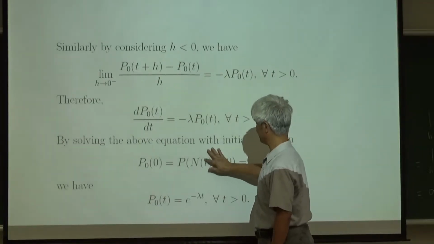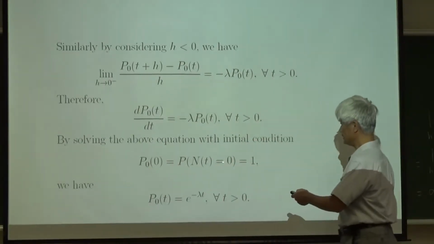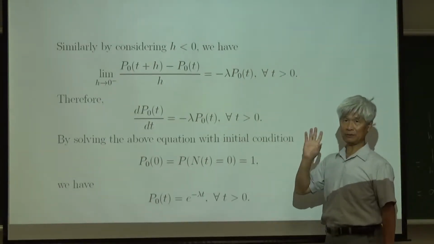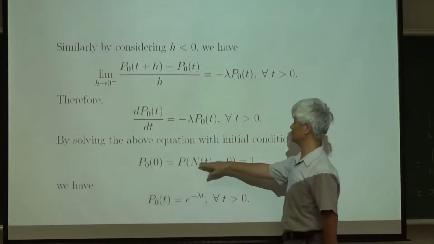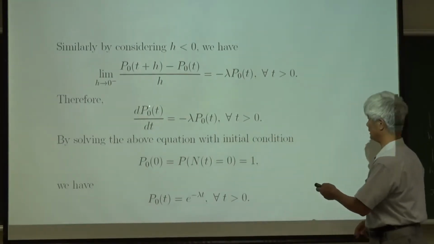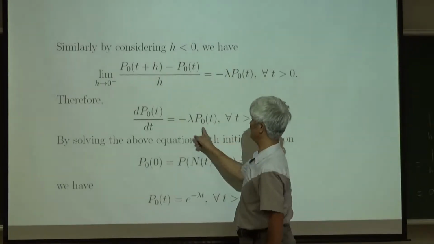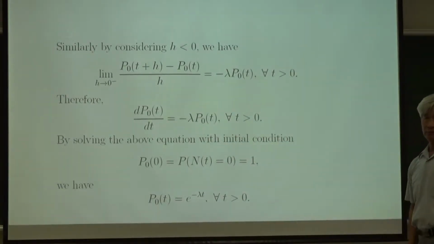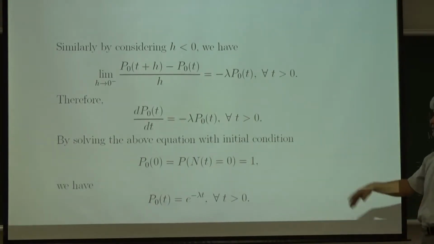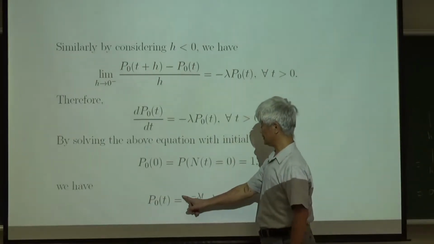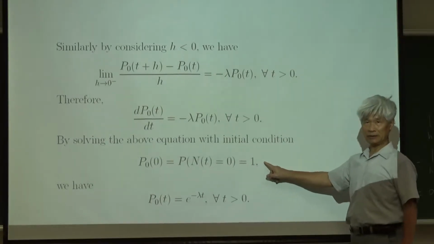Please correct it. This is N(0), and N(0) equals 0 is from Roman 1, already our assumption. So with this initial condition, we see that this is the exponential function from calculus, and the constant equals 1 because of the initial condition.